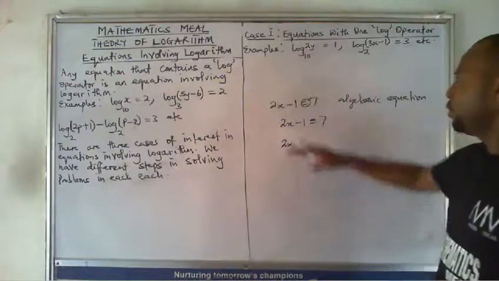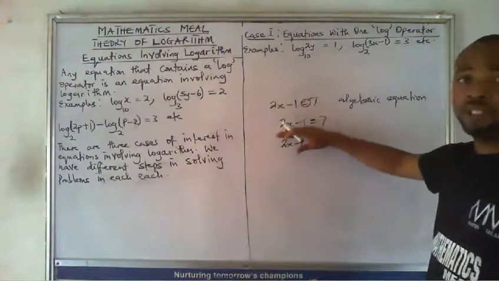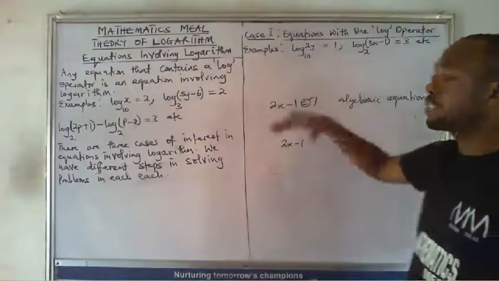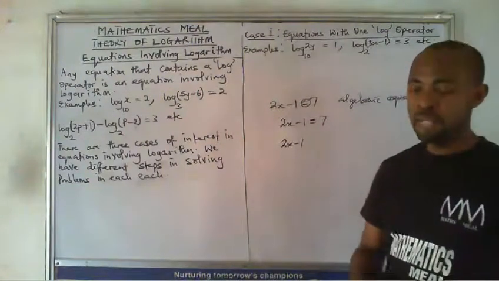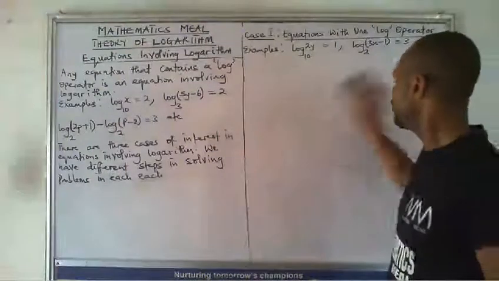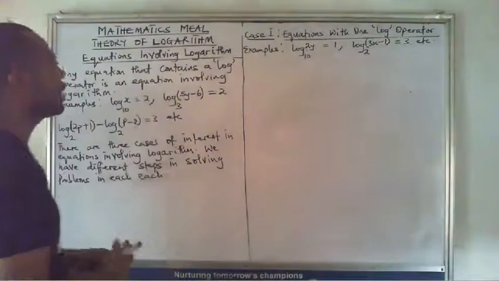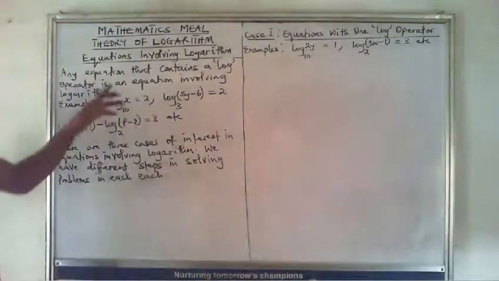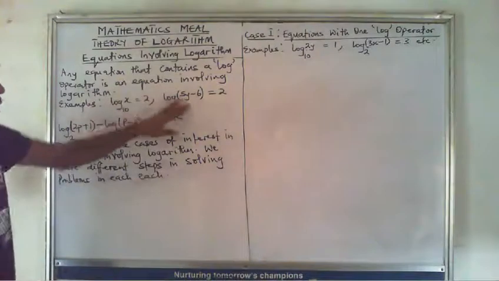So now, the equations we want to consider, they are not equations of this form, but equations that contain logarithm. And that's what we want to consider today, equations involving logarithm. Then we say any equation that contains a log operator is an equation involving logarithm. Examples, this.